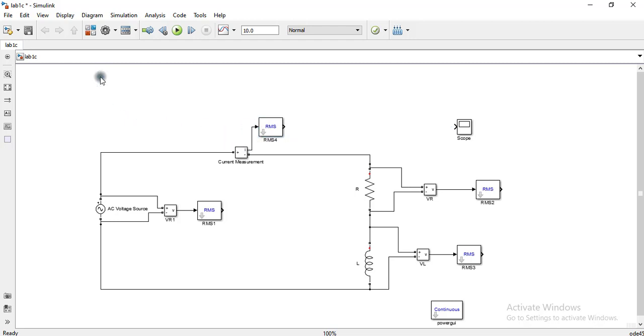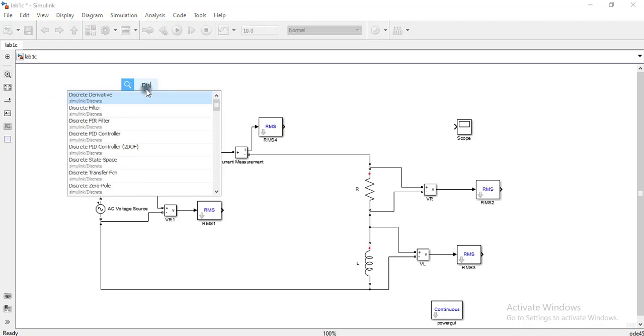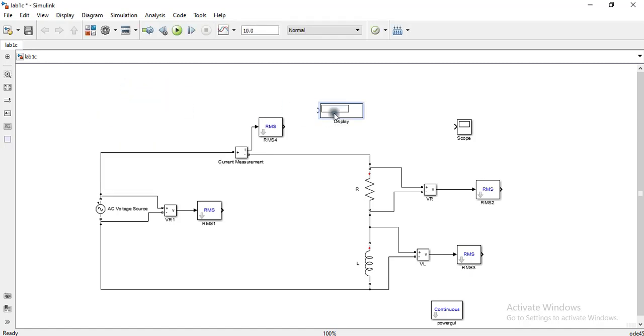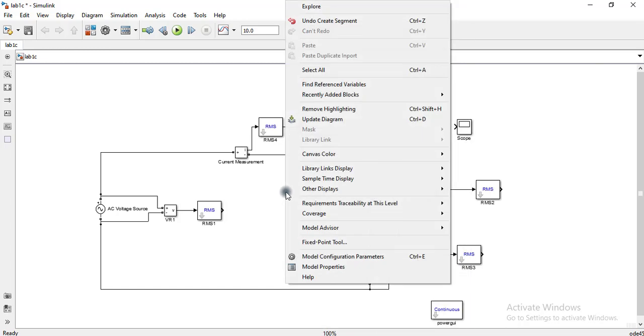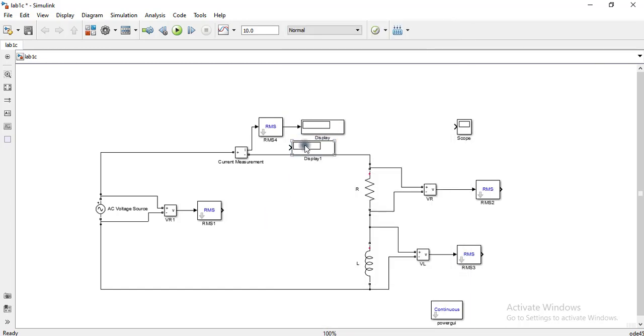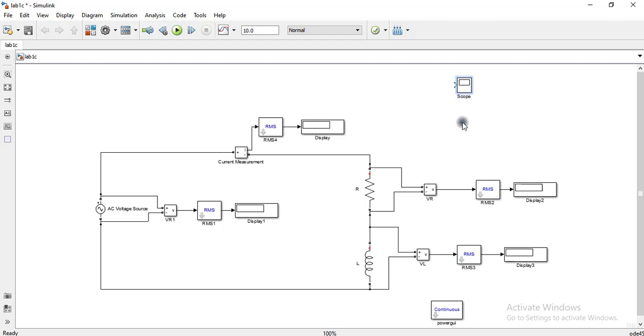Okay, now I need display. Okay, I don't need scope for instance, so let's delete it.